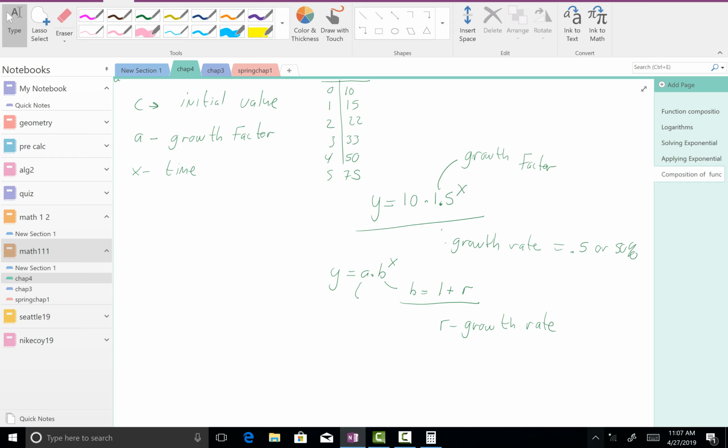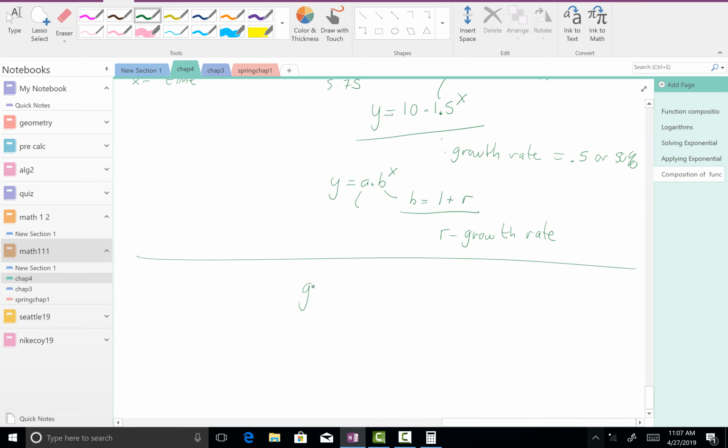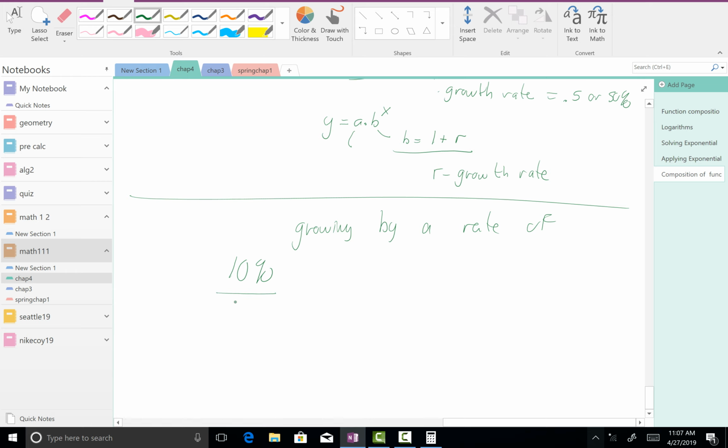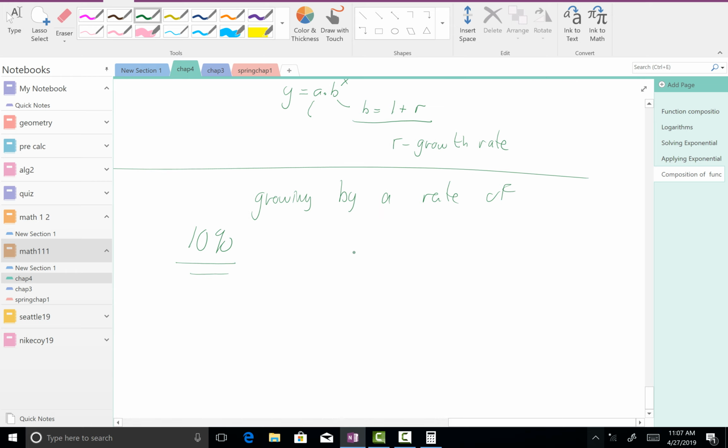So if something is growing by a rate of 10%, like 10% per year, maybe it's the cost of housing or tuition, whatever you want to think of, then you'd have y equals, whatever your initial value is, we'll just say 50 for kicks here.